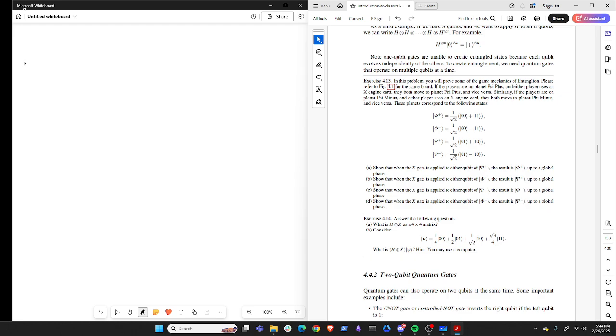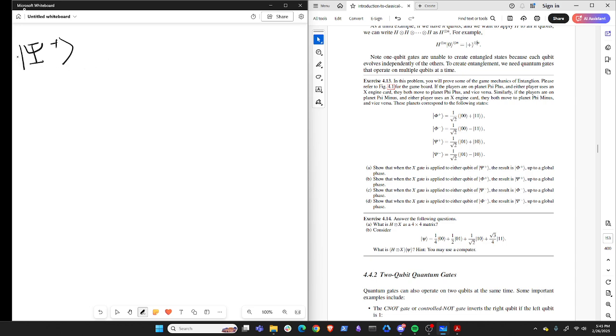When we apply X to either qubit of this, the result, I don't even remember how to say this character, we'll call it the candelabra plus.